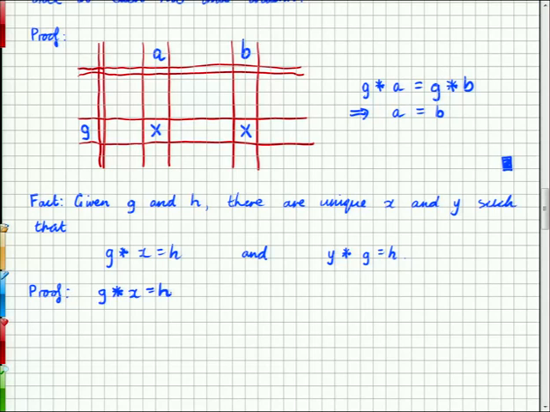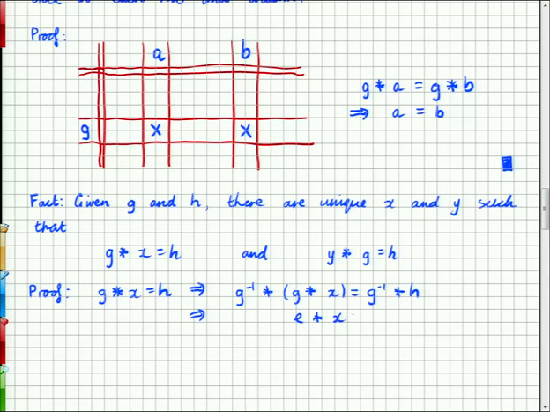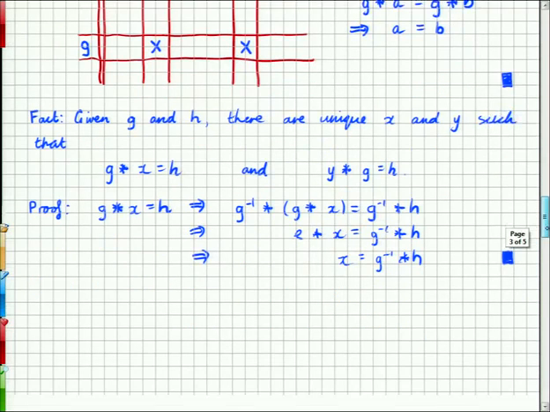Well, it's pretty easy, because you would try and move the G to the other side by hitting both sides with a G inverse. And that tells you precisely what X is. The other case is exactly the same, so you could do it for yourself. And I suggest that you do. Work out what Y has to be.